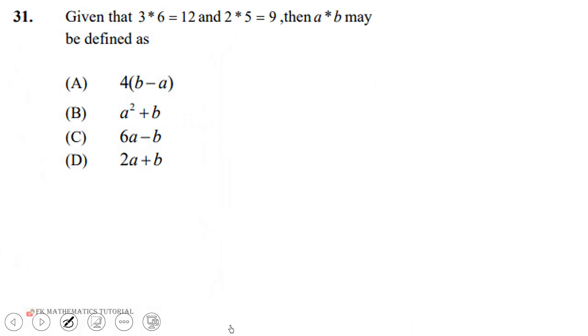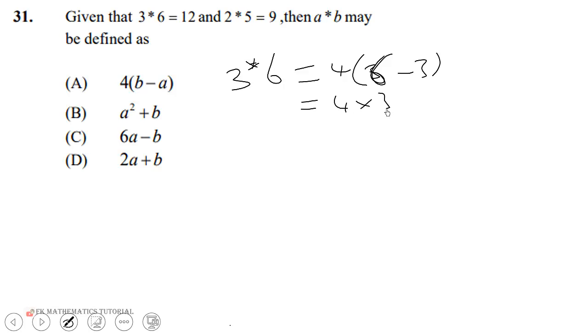Question 31. Given that 3 star 6 is equal to 12 and 2 star 8 is equal to 9, then A star B may be defined as. So 3 star 6 is equal to 4 times 3 times 6 minus 3, and that will give you 4 times 3, which is equal to 12.